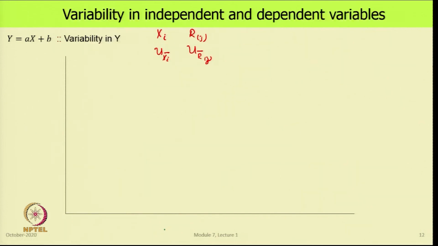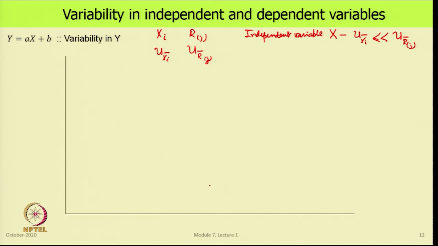So, what we do in our analysis is that we invoke the fact that the independent variable, which we have called x, which could be any of these xi's or rj's, has some uncertainty u, but this is very much less than the uncertainty of the dependent variable, which is rj.